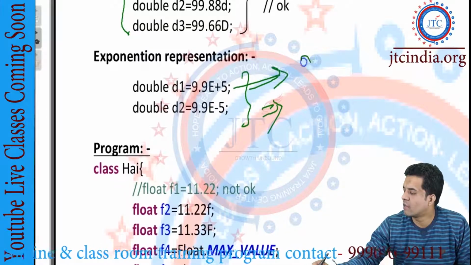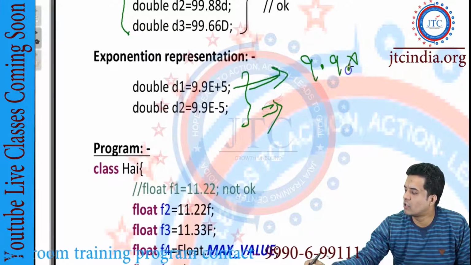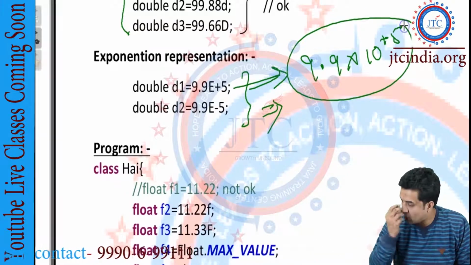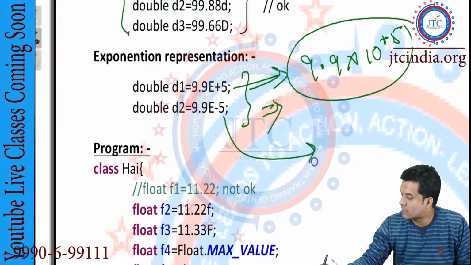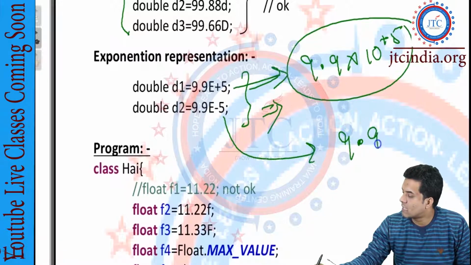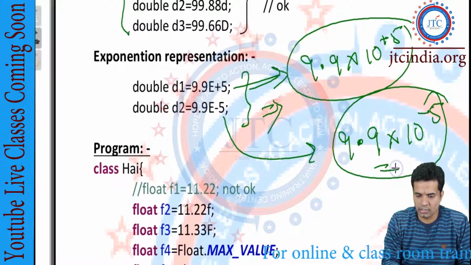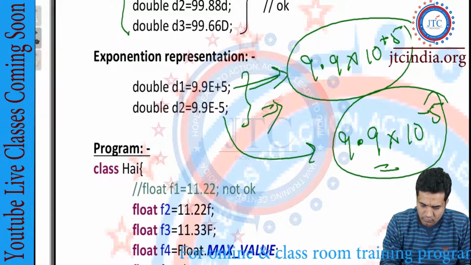If we write 9.9 into 10 to the power plus 5, whereas this one is 9.9 into 10 to the power minus 5.